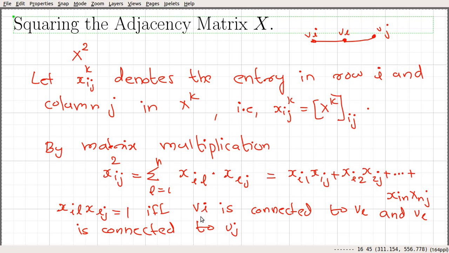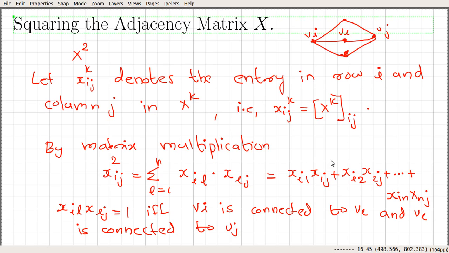So that will be equal to 1 if and only if vi is connected to vl and vl is connected to vj. That says this entry x_ij squared counts the number of walks of length 2 between vi and vj. If there is more than one walk between these two, that is what we are counting here.